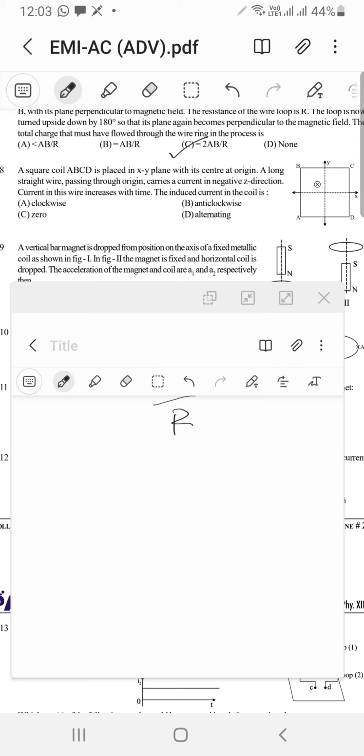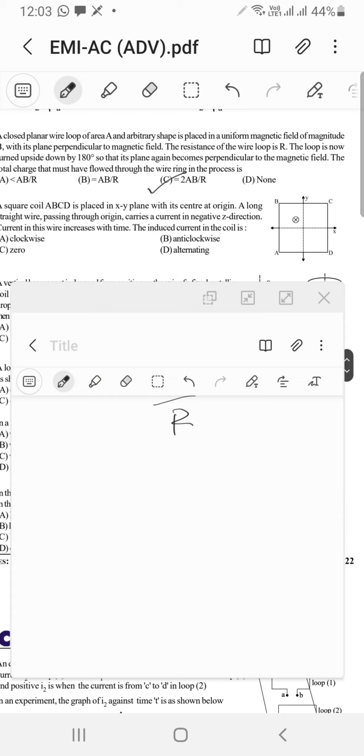Long straight wire passing through the origin. Negative z direction. Wait, what? Where is the positive z direction?